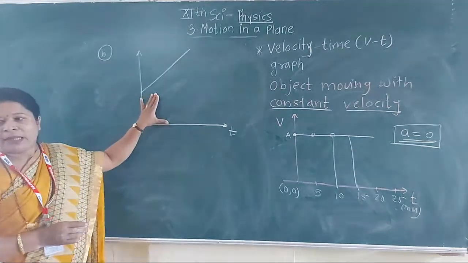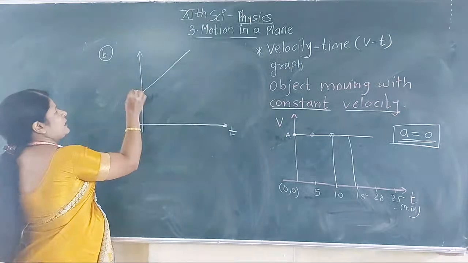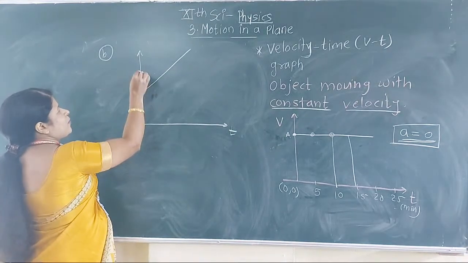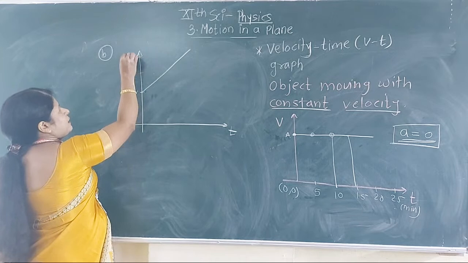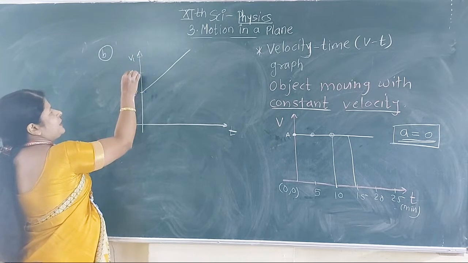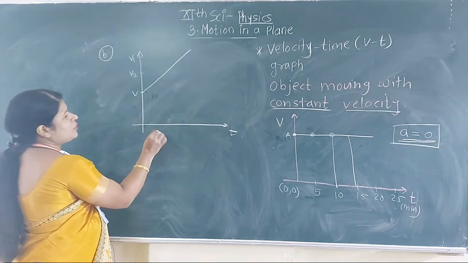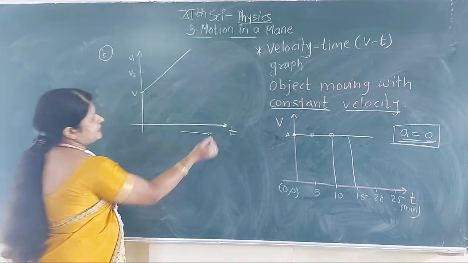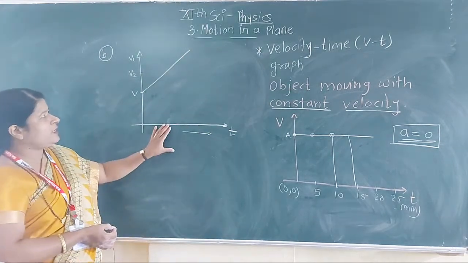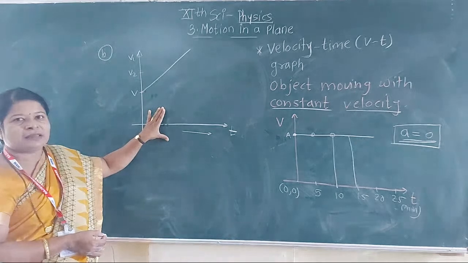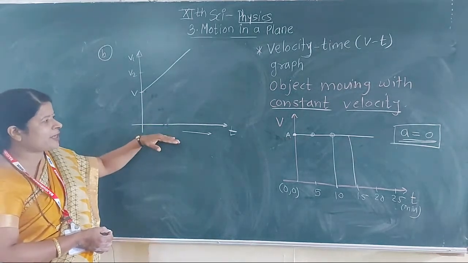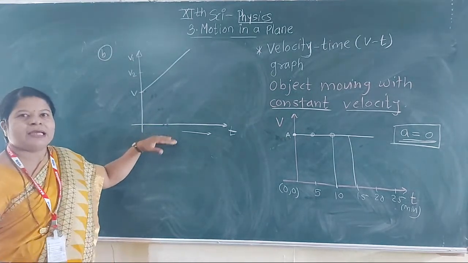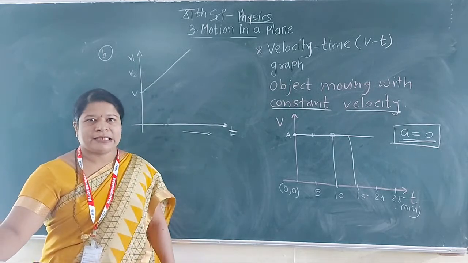If this is the starting point of velocity, we get different velocities along the same direction, v1 and v2, as the time increases, and we see the nature of the graph is like this. So up to this point today we stop here. Next we will continue in the next lecture. Thank you.